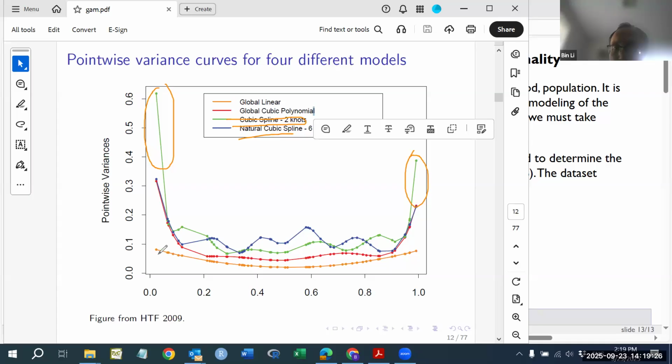Of course, it's worse than the global linear model, but it's more flexible than the global linear model. So the natural spline is somewhere between. It's not too bad. It's much better than the piecewise cubic spline, and it's more flexible than the global linear model. So this just shows you the boundary effect.